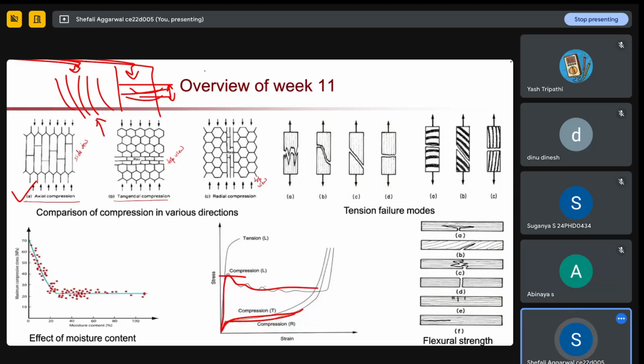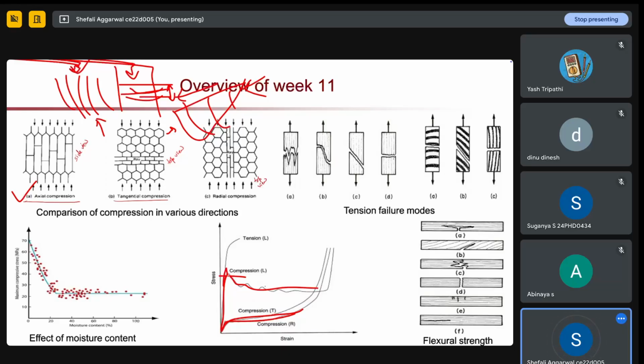And in terms of the radial direction, if you are loading in this direction, again it will compress itself. So first it will compress and then only it will fail. So from these three, in your longitudinal direction, your stress will be maximum.